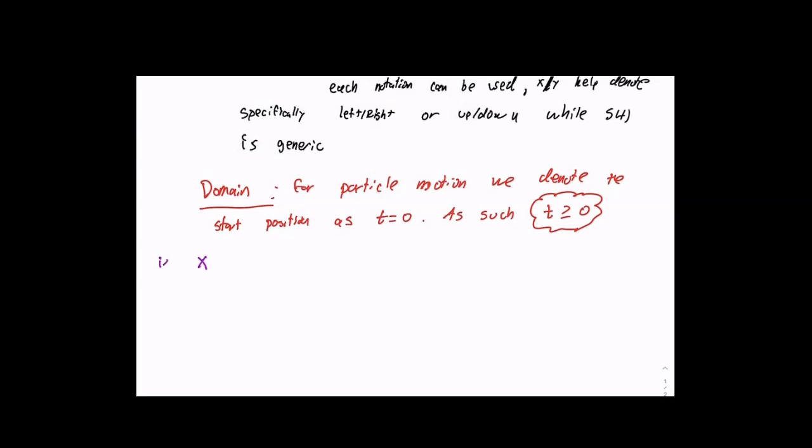So, x of 0, we call this my initial position. Actually, I wasn't going to use the x and y. So if I use s of 0, it doesn't really matter what letter I use. We call this the initial position. We can also note it as the position at t equals 0.